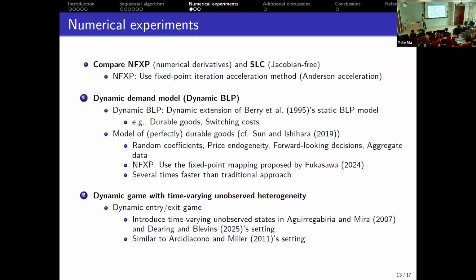More specifically, I consider a model of perfectly durable goods. And in the model, random coefficients, price endogeneity, and forward-looking decisions of consumers exist. And the second model we consider is a dynamic game with time-varying unobserved heterogeneity. More specifically, I consider a dynamic entry-exit game.